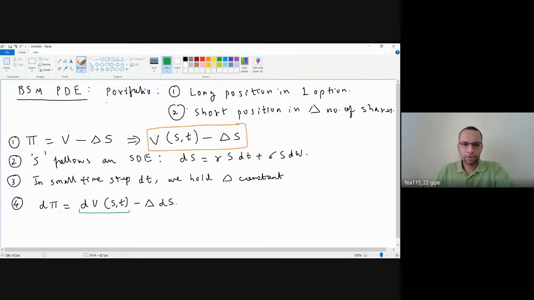So in order to solve this equation, I am going to focus on the first term, and here I am going to apply Ito's lemma.